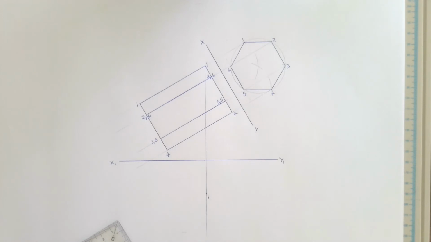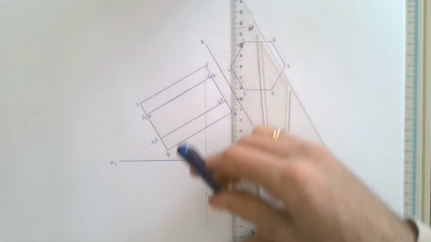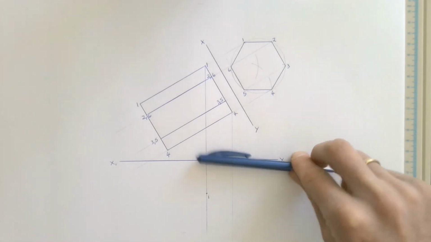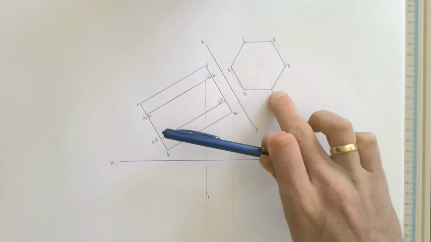When we do it again, let's take point 4. We're going to project it down, and then go one XY line back, which is over there, and take the measurement from the XY line to point 4.